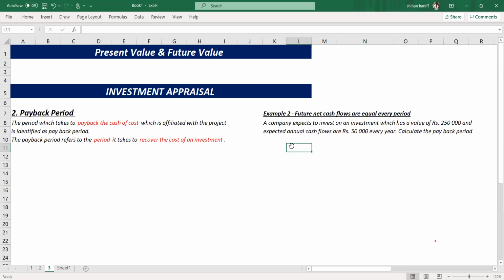If the future cash flows are equal in every period, there is a simple way to calculate it.